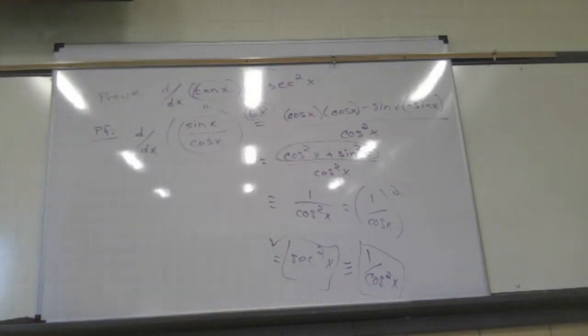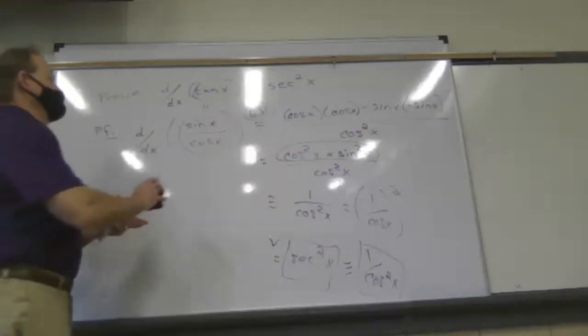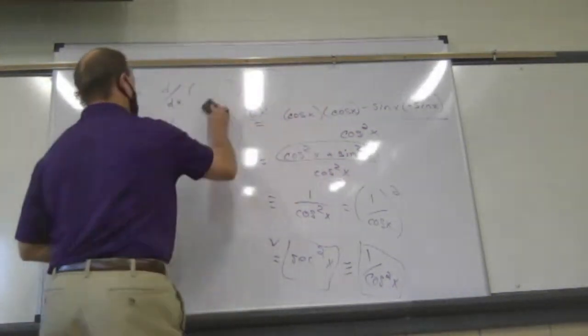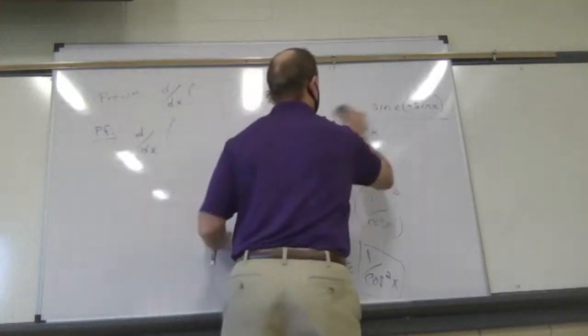Do you want to do one more just for fun or not? Or do you want to try it? Okay. Let's do secant. I'm going to let you do secant. And I want you to prove that the derivative of secant is secant x tangent x.